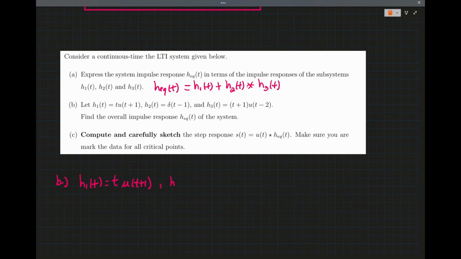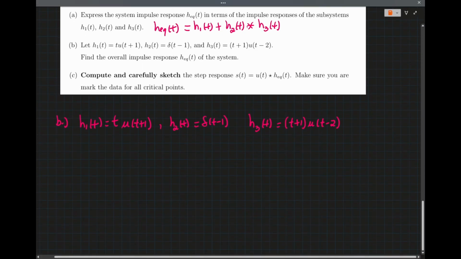Then we have h2 of t, which is delta of t minus 1, and h3 of t is equal to t plus 1 times u of t minus 2.